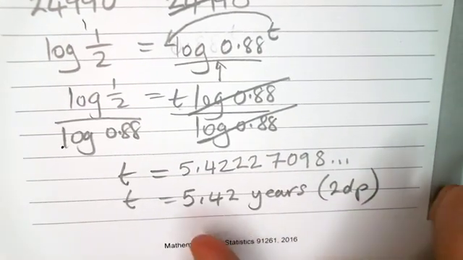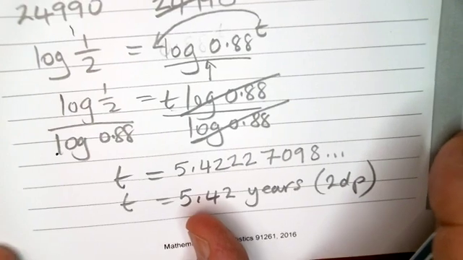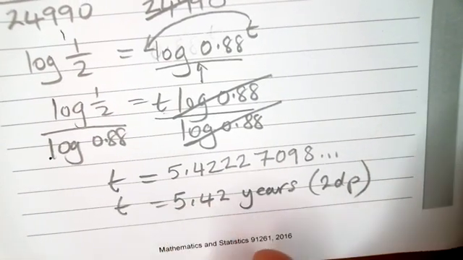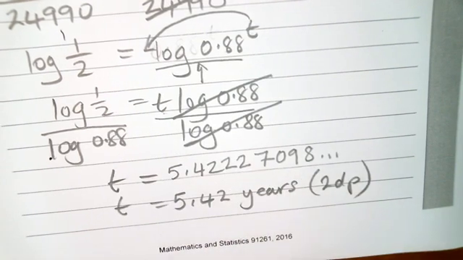It doesn't ask for it in years and months. This is how long, so I'm just going to go with 5.42, or you could throw in more DPs if you want, but that's the way I would do it.